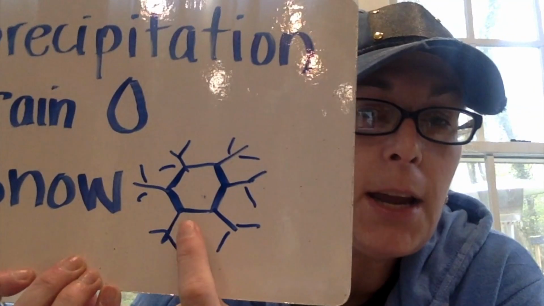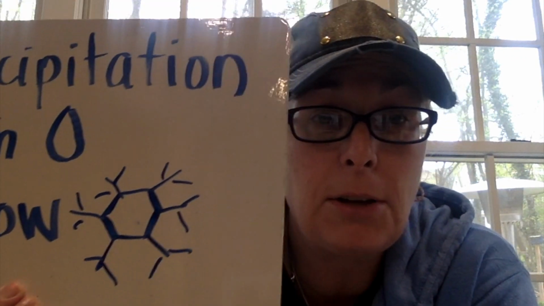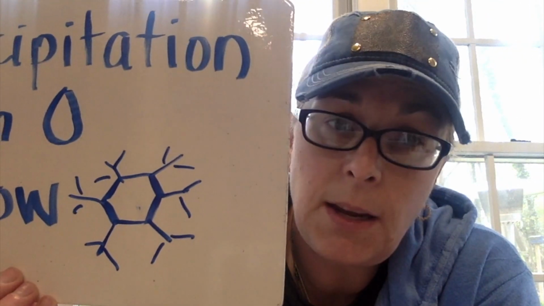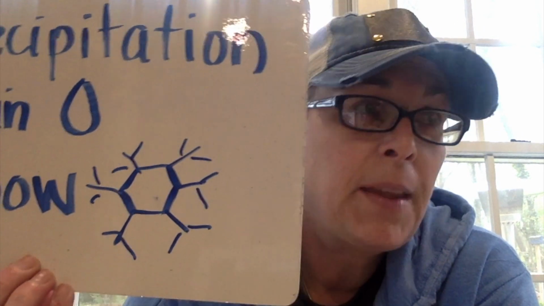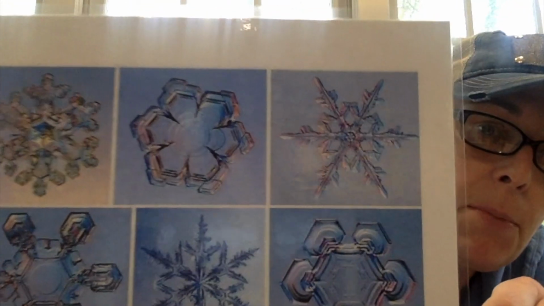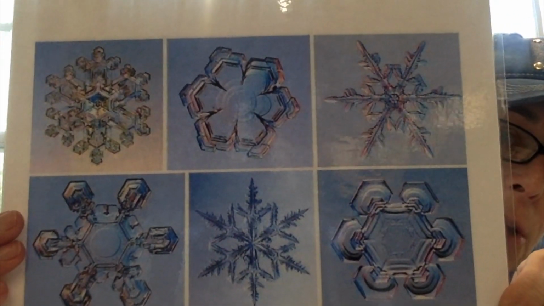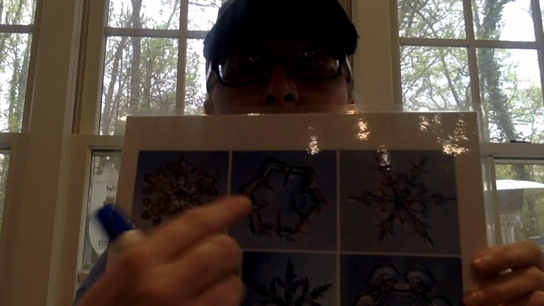When they fall down from the sky, depending upon humidity and wind speed and temperature and pressure, these arms grow and cause different shapes. Every snowflake is different. We all know that. And you can Google some really cool images that people have taken of snowflakes in frozen rooms with microscopes.